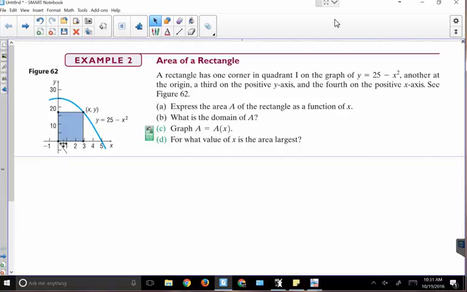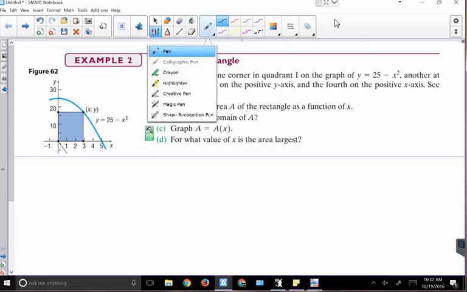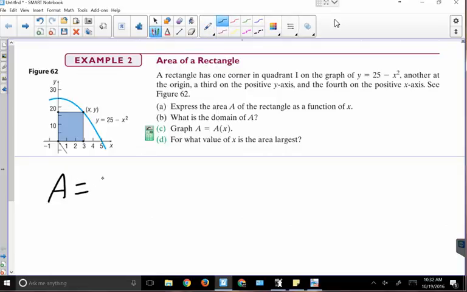We've got this drawn out nicely over here, but they want us to express the area of the rectangle as a function of x. Now, that means we're going to put in one number, and that's what we're going to get back out again, right? So, area is simply defined as length times width, right?